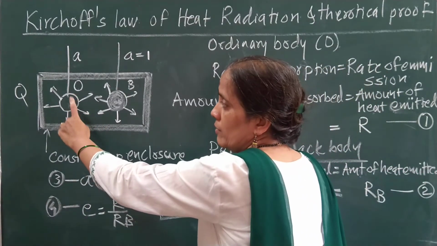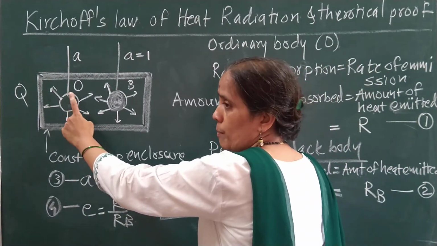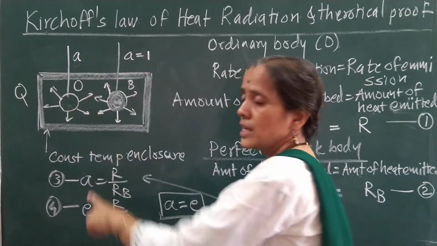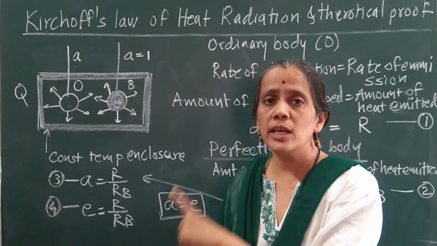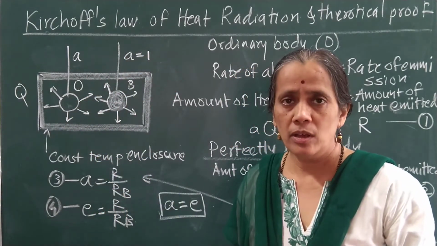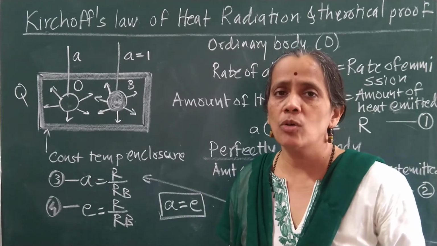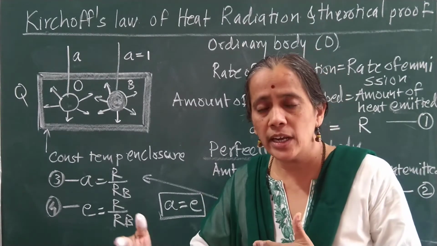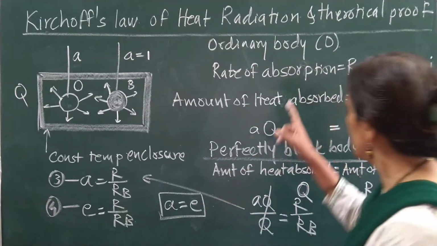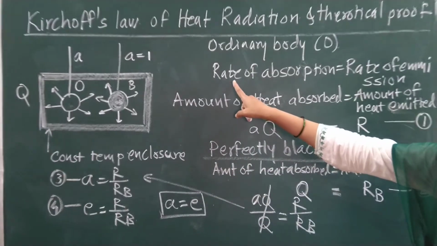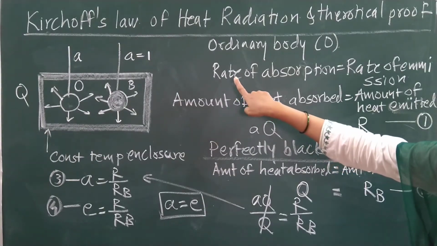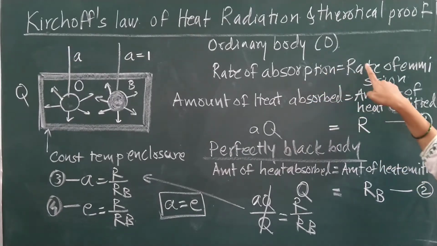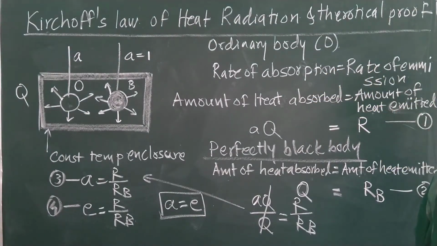Now, whatever amount of heat is absorbed by the ordinary body is equal to the amount of heat emitted by the ordinary body. Why? Because the temperature is constant. So the emission rate and absorption rate, both rates, are the same. At a constant temperature enclosure, the rate of absorption must be equal to the rate of emission.